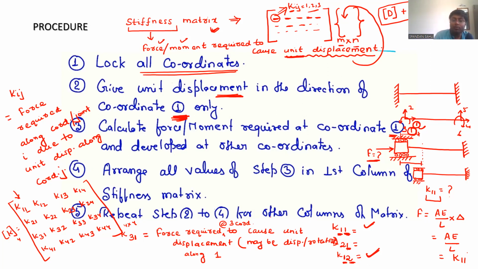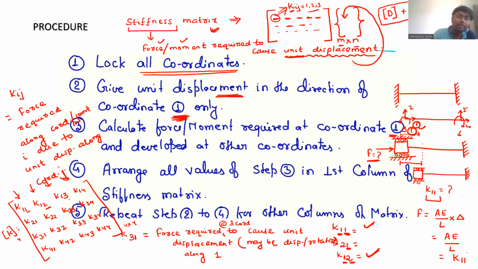Now, repeat step 2 to step 4 for all other columns of the matrix. Similarly, for column 2, you have to give unit displacement along coordinate 2, and ascertain all those forces in the direction of KI values along different coordinates to produce that unit displacement along coordinate 2.